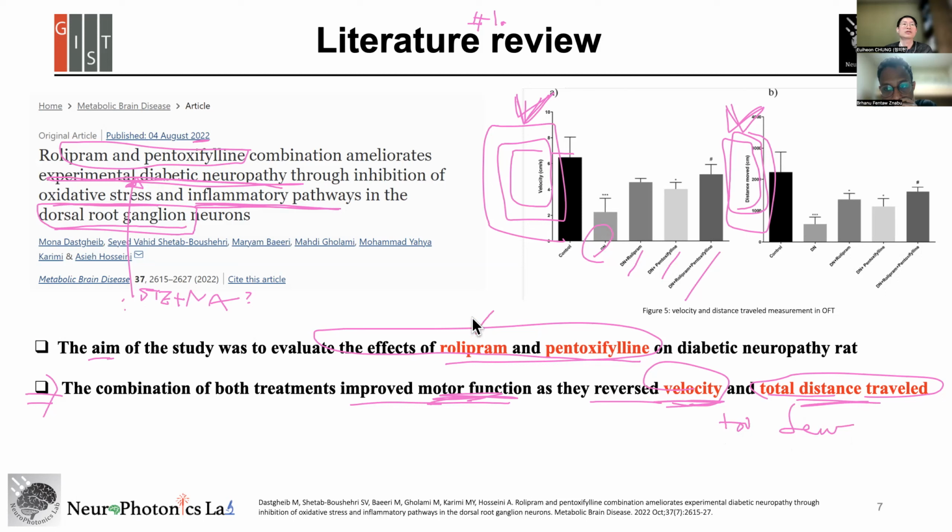Because this drug is not too important for us, right?